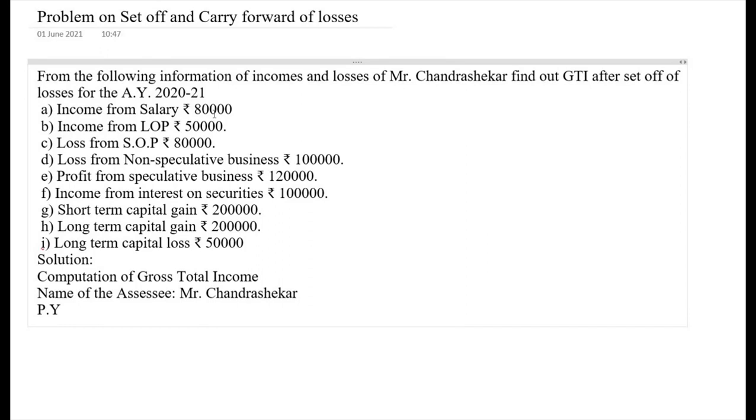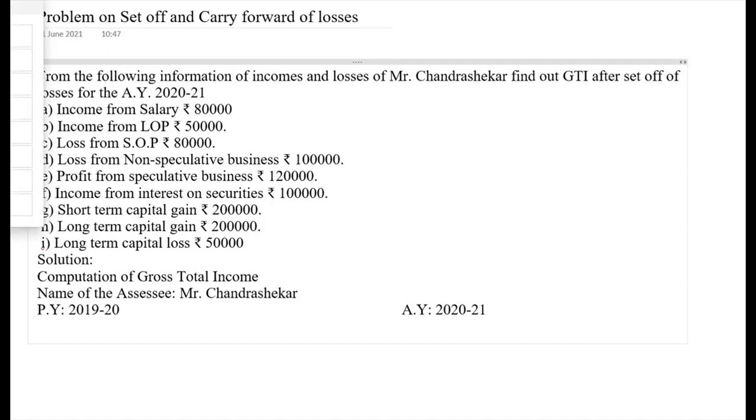Previous year 2019-20, then the assessment year 2021. So now let me insert the columns here.